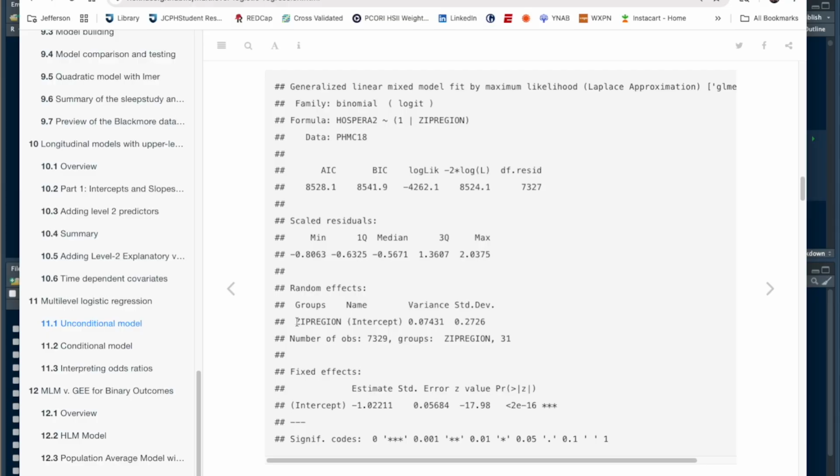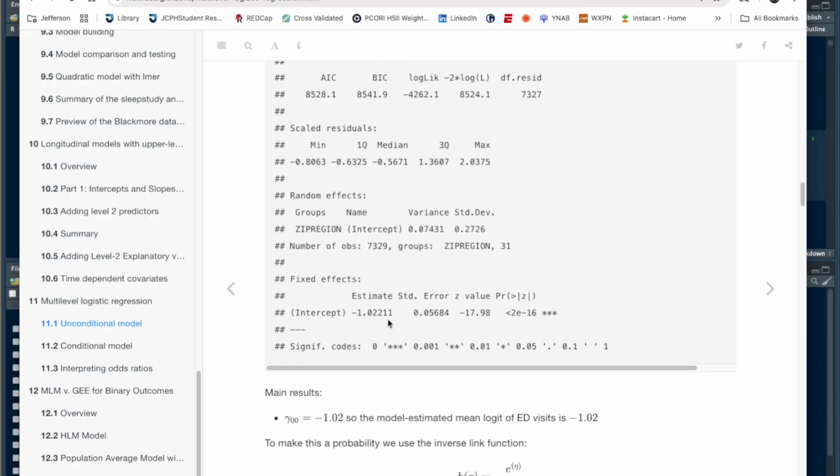So just as before, we have an estimate of variance in the logit across zip regions, right? So this is giving us variance and standard deviation in the log odds of an ED visit across region.